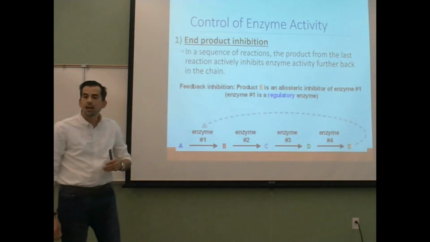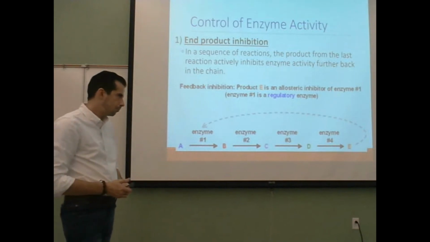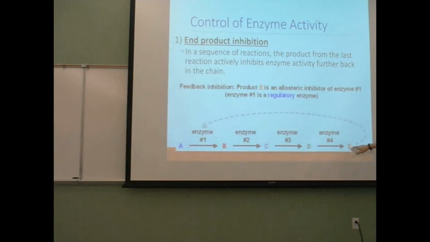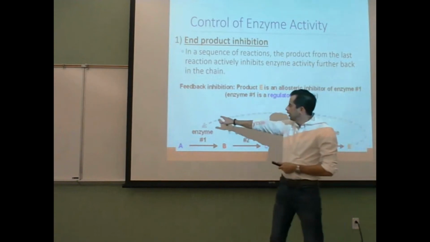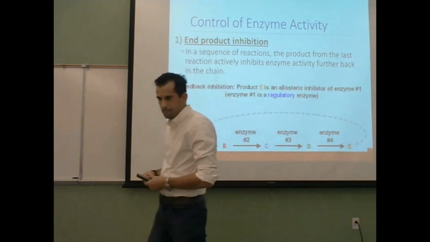It basically states that in a cascade of reactions, the product that pops up at the very end of that cascade inhibits enzyme activity further back in the chain.